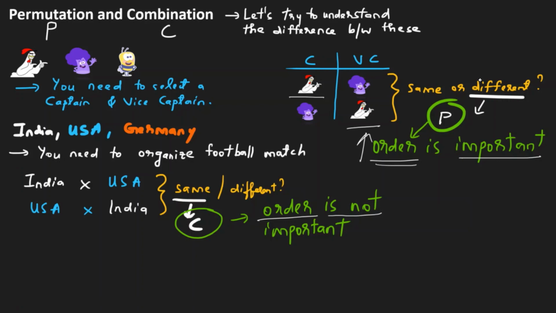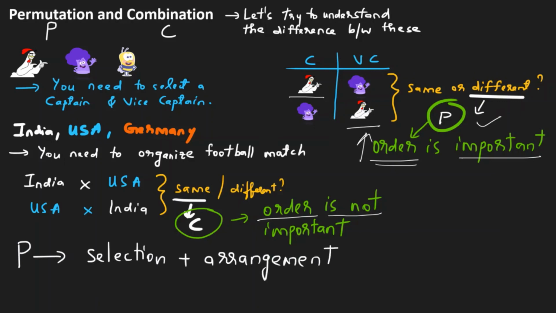Alright. Now you will notice that in the case of permutation, selection and arrangement is involved. That is, out of these 3 friends, in one instance, we selected 2 friends. That is, we selected the hen and we selected broccoli. That's selection over here. And after doing the selection, we arranged them in the positions of captain and vice captain.